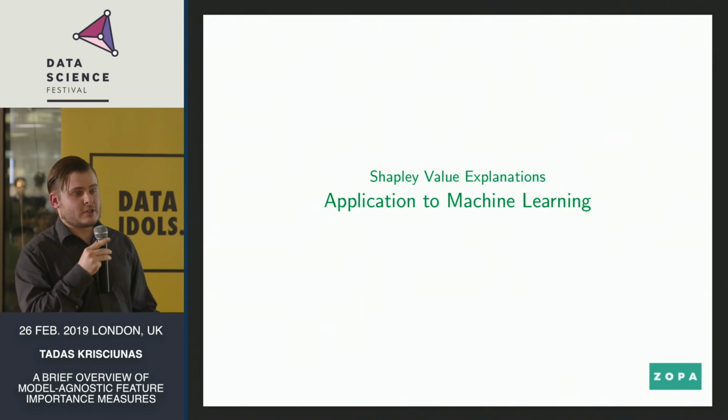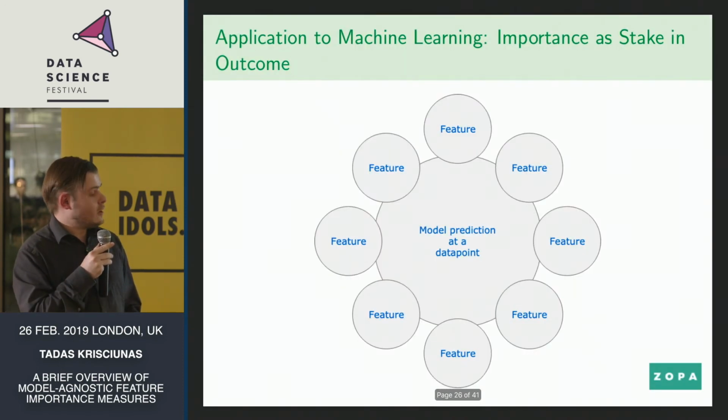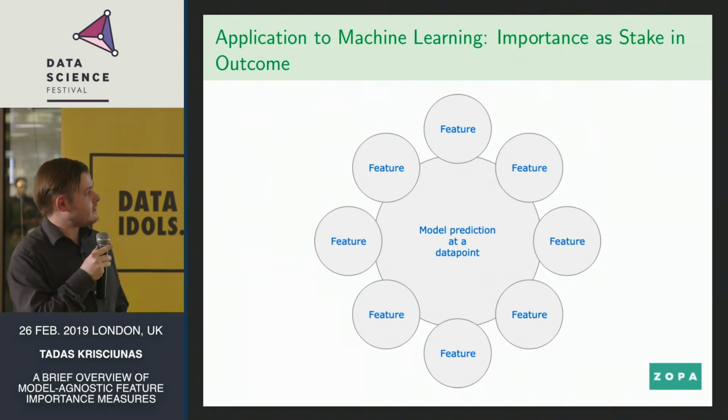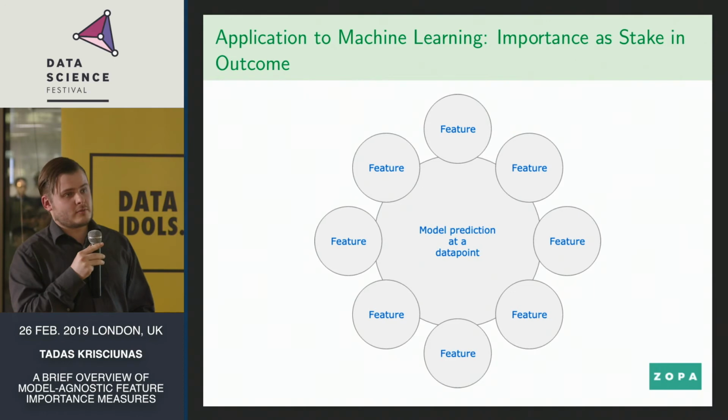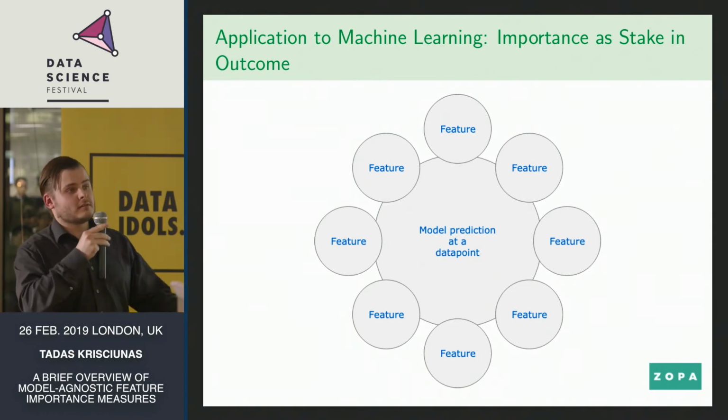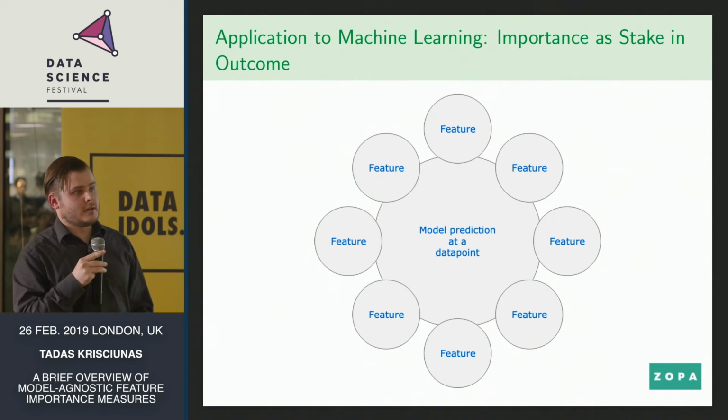How is this related to machine learning? Well, we can start with the thought that we can think of feature importance as a stake in the model prediction, the overall model prediction's value. This is intuitive if we think about it in terms of, for example, a logistic regression.